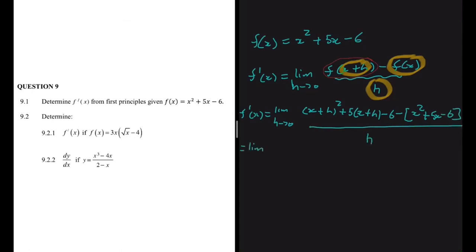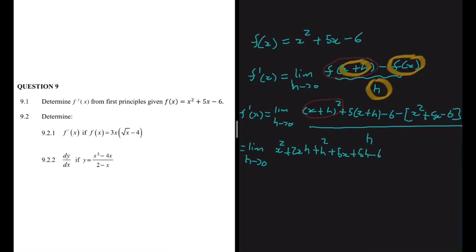This will be equal to the limit as h tends to 0. Now we're solving x plus h squared. x multiplied by x will be x squared, and then x multiplied by h multiplied by 2 will be plus 2xh, and then h multiplied by h is just h squared. And now we have plus 5 multiplied by x plus h, so we get plus 5x plus 5h minus 6.